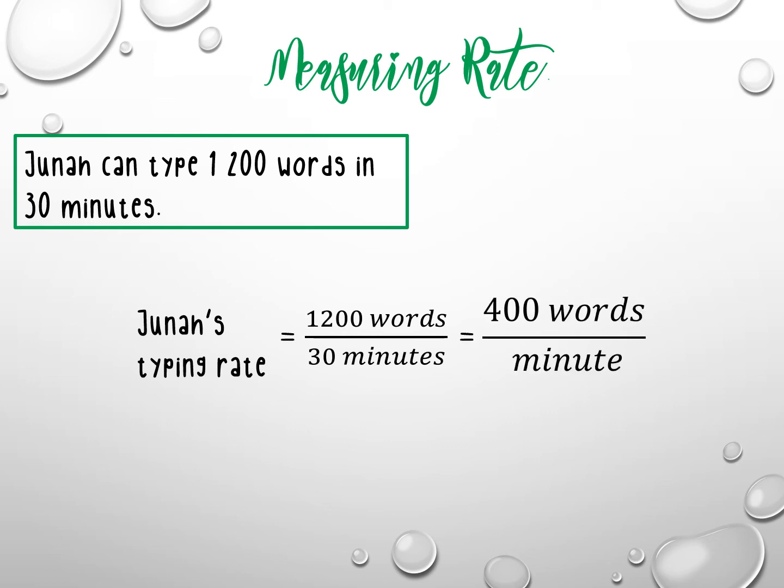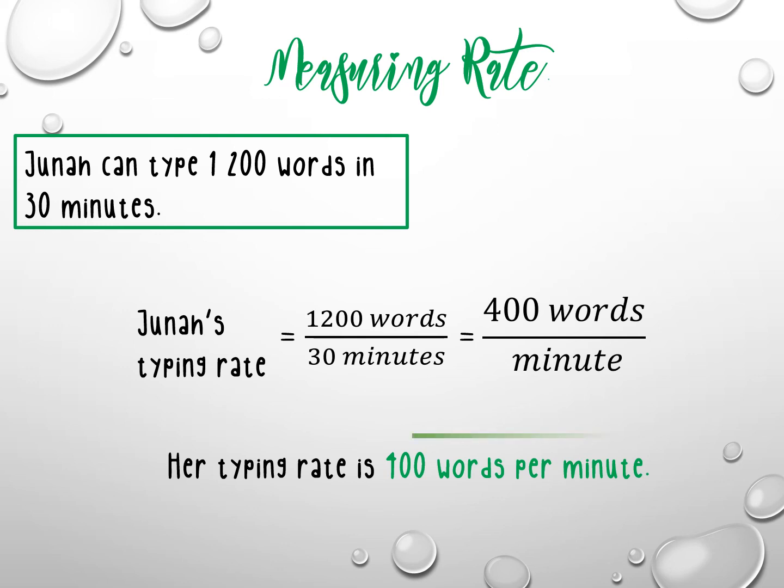So, that is 400 words per minute. So, 1,200 yan divided by 30 is equal to 400. So, ibig sabihin, ang rate ni Jana ay 400 words per minute. Yan ang natatype ni Jana. So, meaning to say her typing rate is 400 words per minute.